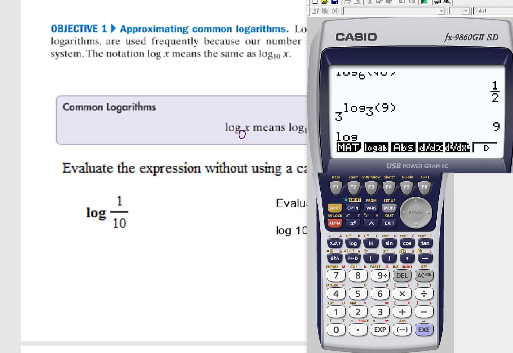So just make sure you understand that when you use this log key, you are communicating a common log here. All right, so let's go ahead and put log, and then they have a fraction of 1/10. I'm going to use parentheses. And it gets us -1.